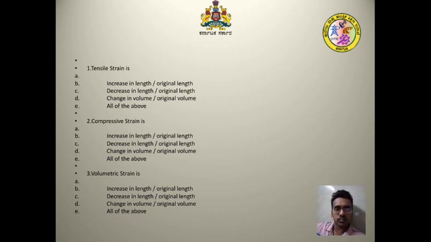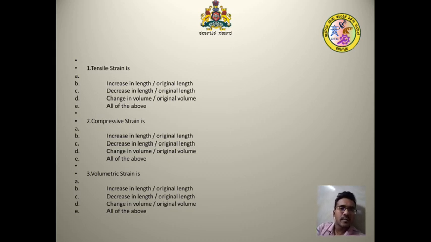Number 2, compressive strain is: option A, increase in length by original length; option B, decrease in length by original length; option C, change in volume by original volume; option D, all of the above. The answer is option B, the decrease in length by original length.